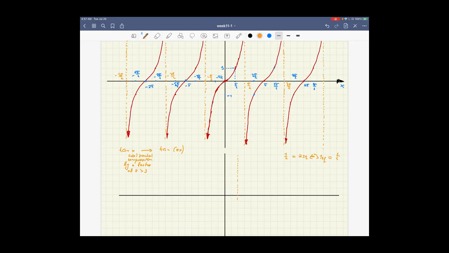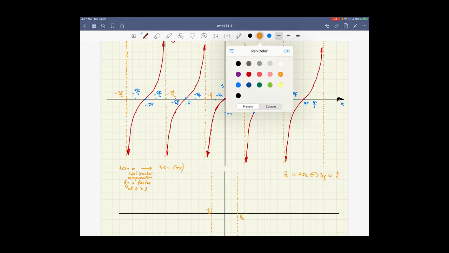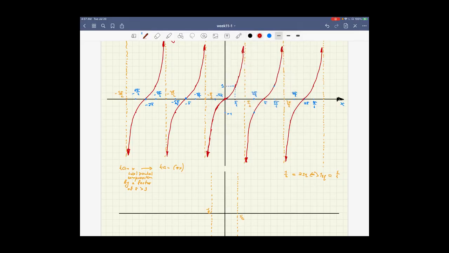So instead of pi over 2 and negative pi over 2, I simply get 1/2 and -1/2. Other than that, the graph doesn't change. We simply compress it horizontally.